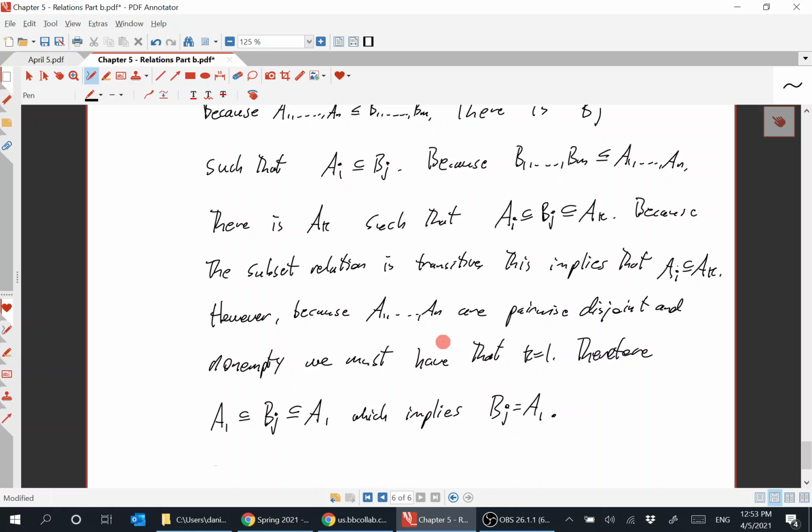However, because the A's are disjoint and non-empty, we must have that K is i. Therefore, A_i is a subset of B_j is a subset of A_i, which implies that B_j is equal to A_i. So every block of the A's is a block of the B's.